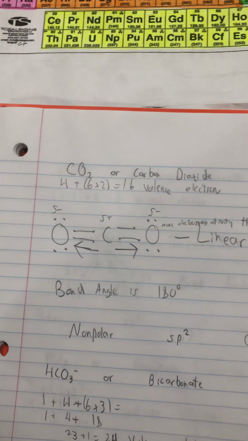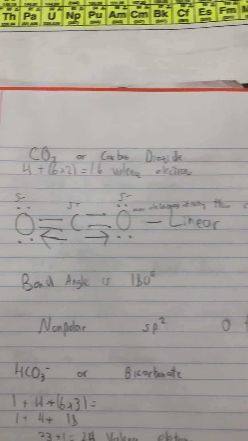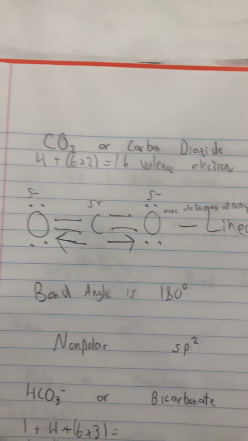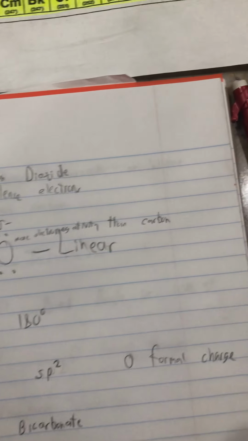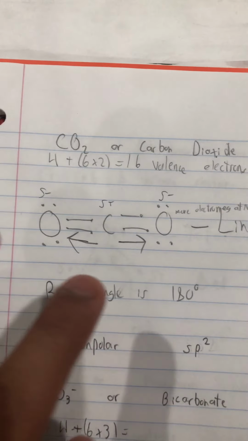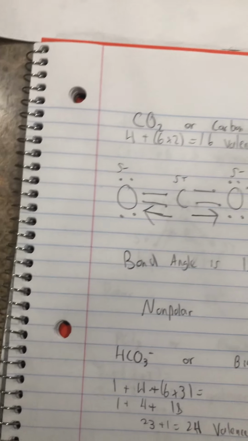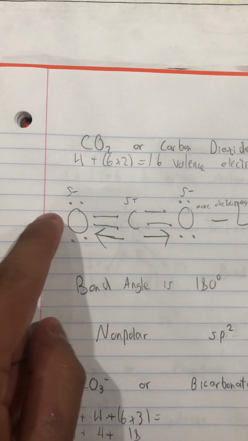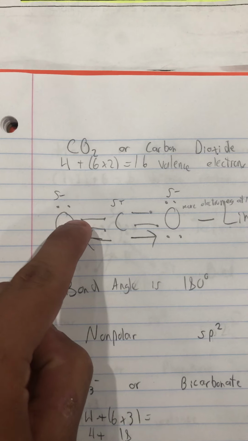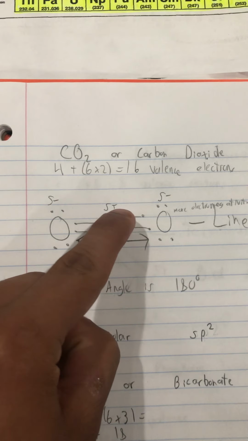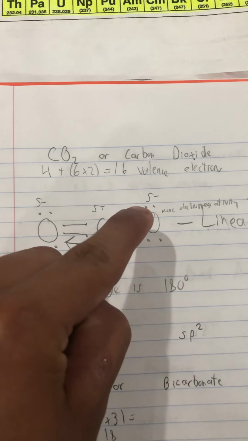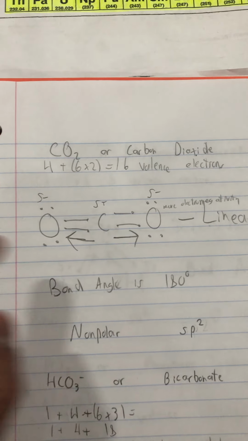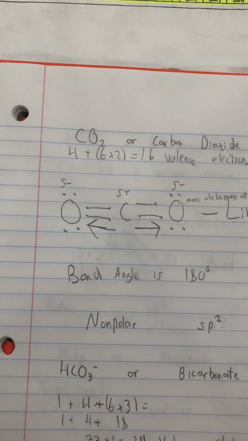So now for the Lewis dot structure, I put the carbon in the middle and the oxygens on the sides with a double bond. So starting off, it's 1, 2, 3, 4, 5, 6, 7, 8, 9, 10, 11, 12, 13, 14, 15, 16 valence electrons.